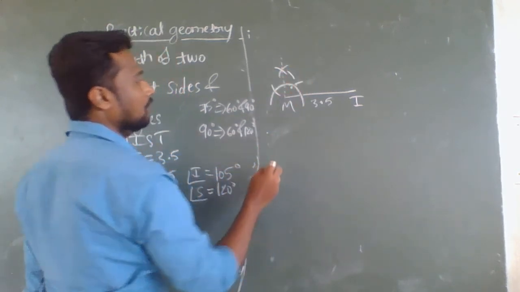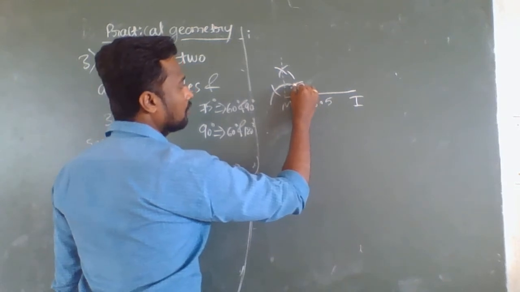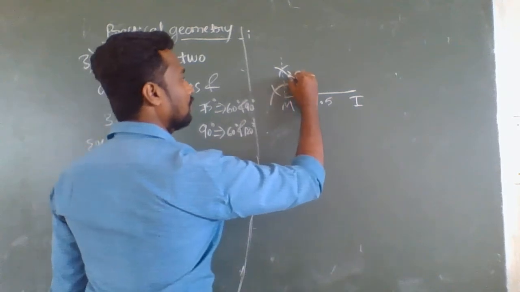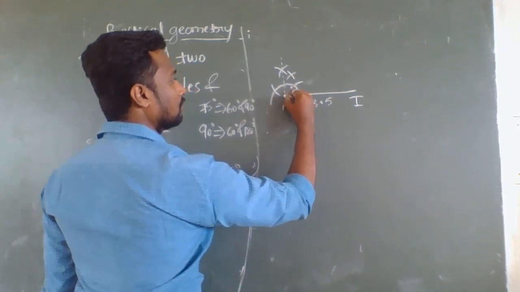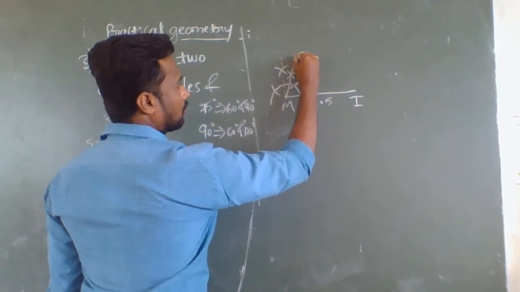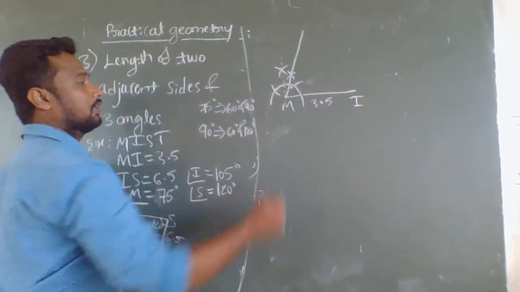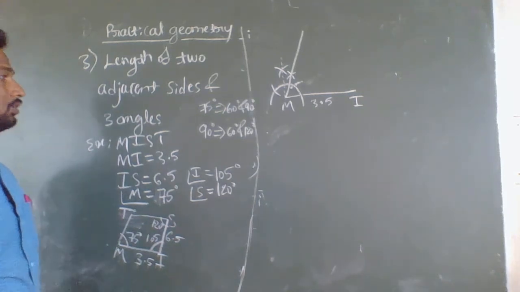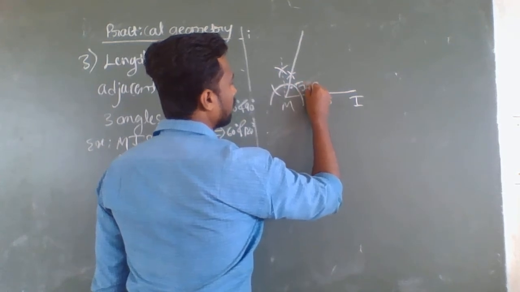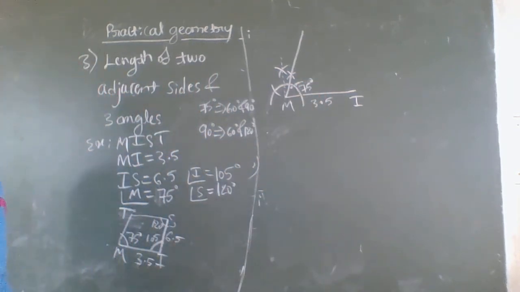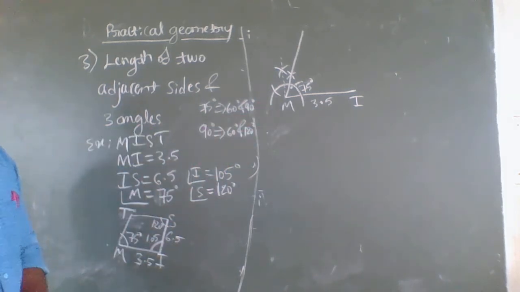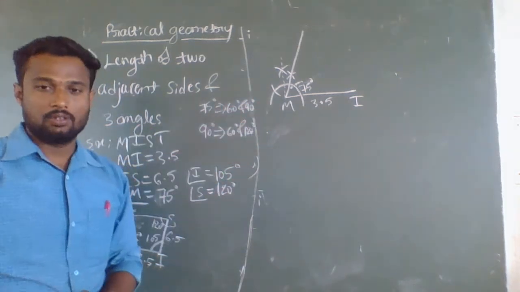Like this only, I will keep the compass on the 60 degree arc and draw another arc here. When I join point M to this 75 degree intersection point, I will get angle 75 degrees. So this is how to construct 75 degrees on any point.